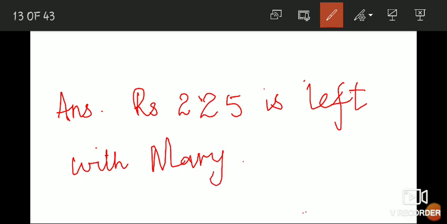Okay, now we have finished all the sums, word problems in your subtraction. Okay, now we have finished half page of page 59. There are many more sums ahead which we will be solving in our next video.